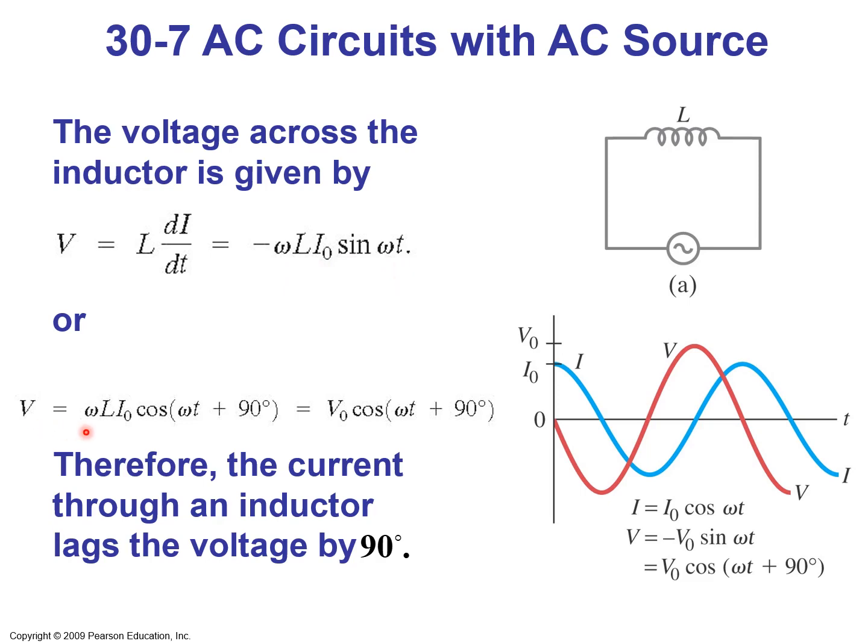Or V is equal to omega L I naught times cosine of omega t plus 90 degrees, and is equal to V naught cosine of omega t plus 90 degrees. Therefore, the current through the inductor lags the voltage by 90 degrees. And here's the current in the inductor, which lags 90 degrees from the voltage.